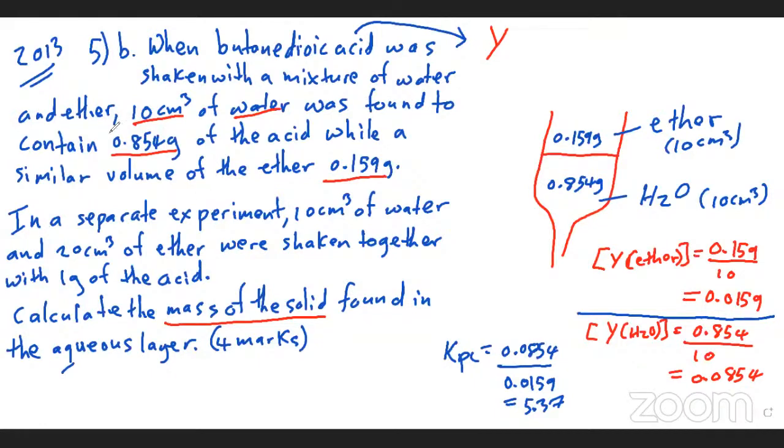Wait, so when you look at the question, 0.854 gram of the acid dissolved in 10 cm cube of water, and only 0.159 dissolved in the ether. So this is telling us that it is more soluble in the water because a larger amount dissolved in the same volume.